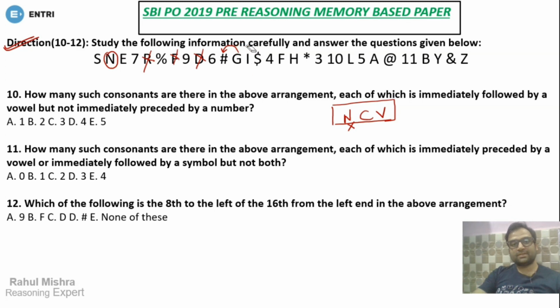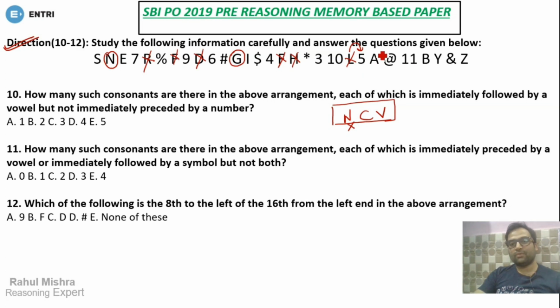So G is following the pattern. The next consonant is F. Just after F, again a consonant. So this is not following the pattern. Now similarly with H, just after H, a symbol is there. Now L is a consonant. Just after L, a number is there. So it is not following the pattern.